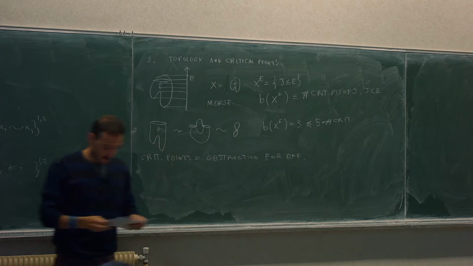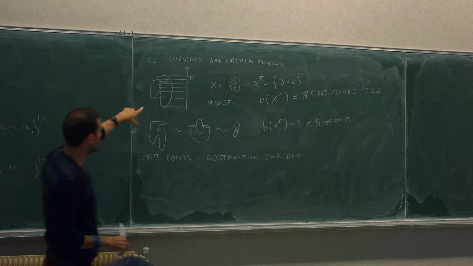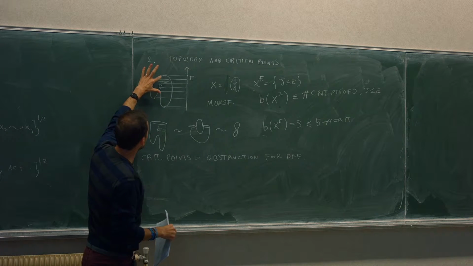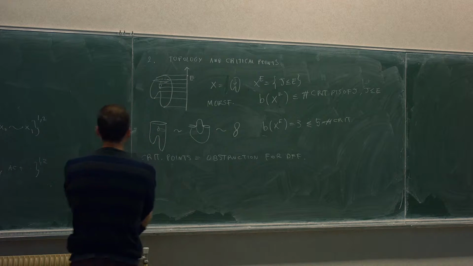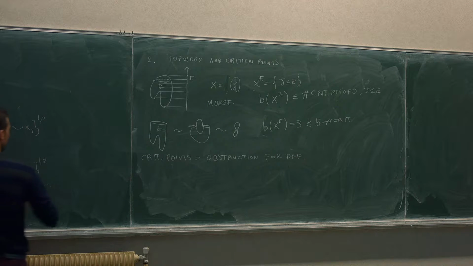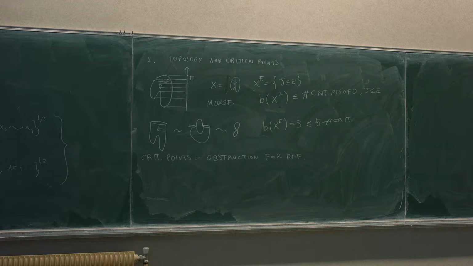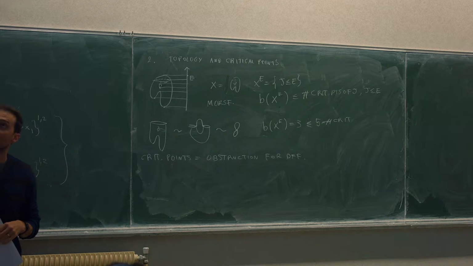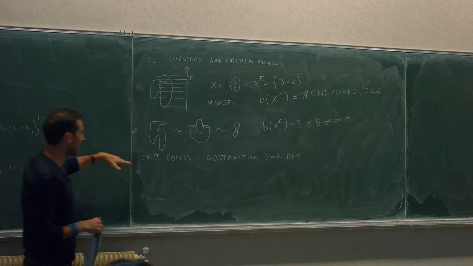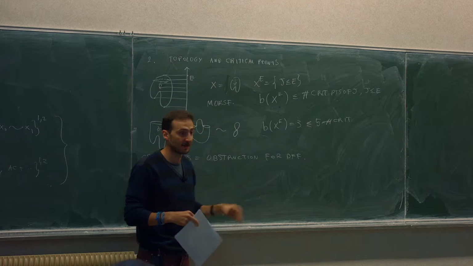Okay. So by the way, this is the finite dimensional case. In the infinite dimensional case, in these two classical examples, still critical points are the obstructions for the deformation, but they are geodesics in these classical examples.